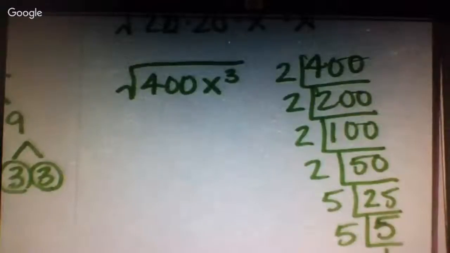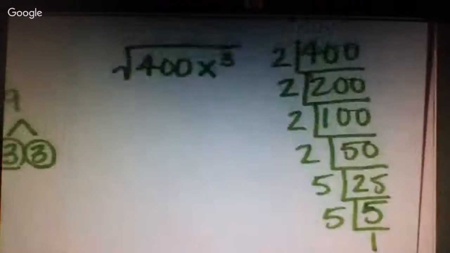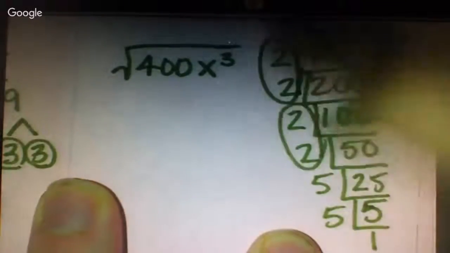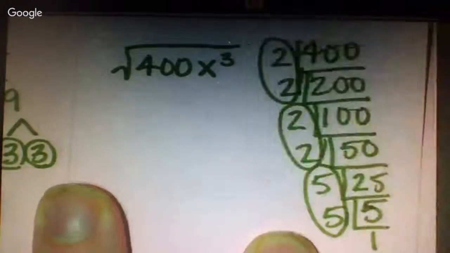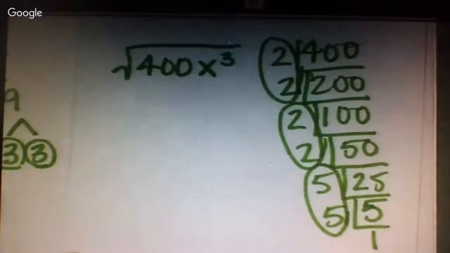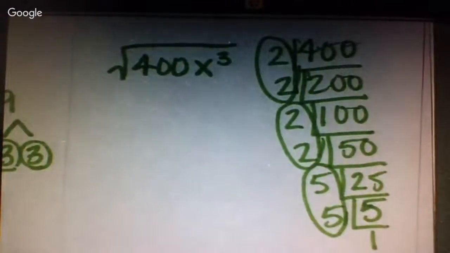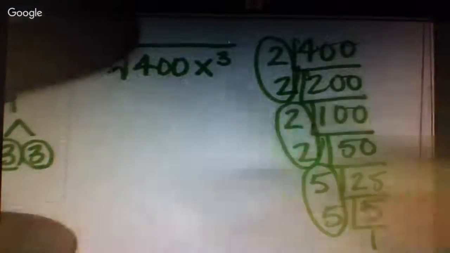Okay. So now we're grouping in 2s. So 1, 2, 2 groups of 2s, and a group of 5s. So do I have any numbers to put back underneath that square root? No, everything comes out front.